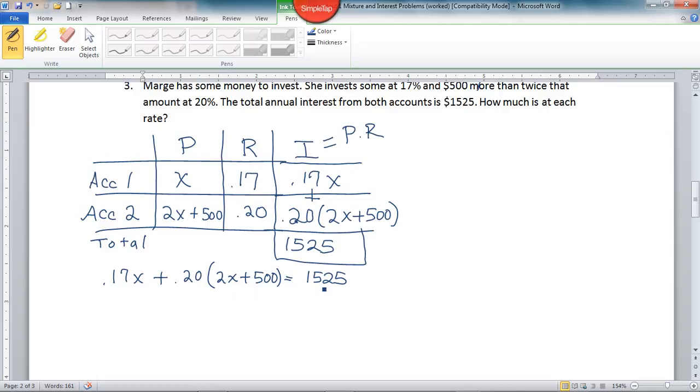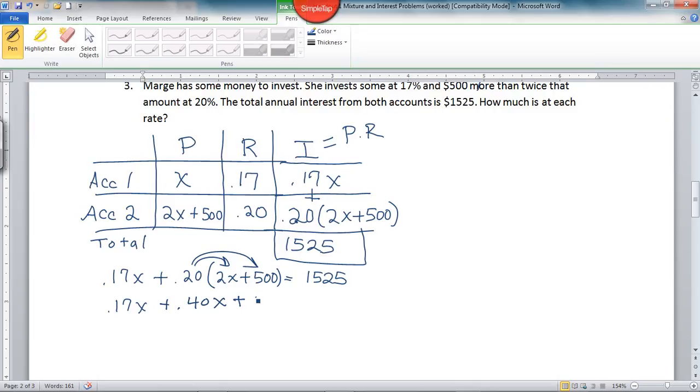Solve that equation, and we're on our way to the solution. All right, well, we've got to distribute. 0.17x comes down. We've got to distribute this 0.20. 0.20 times 2x, that's 0.40x. Plus 0.20 times 500, and that's going to be 100.